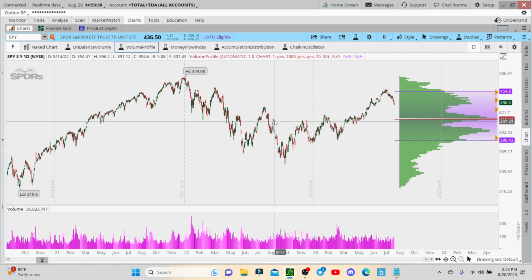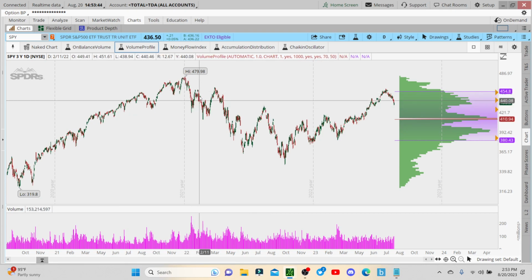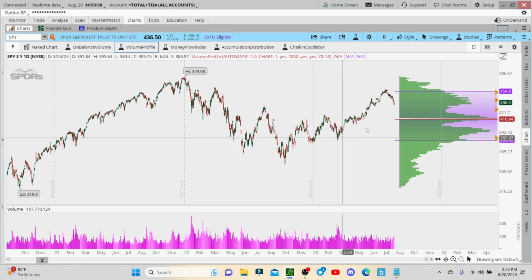Even this nice sharp one, that's just 4 days right there. We're not overextended to the point where I think we get a larger bounce that lasts a couple weeks. I'm not sure that that's the case. It should be something a little bit more sharp like these.